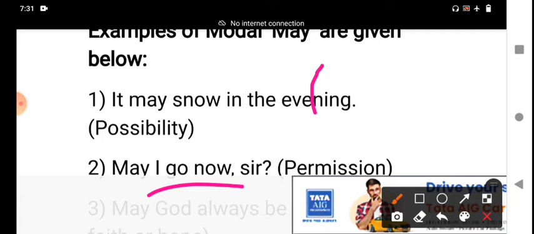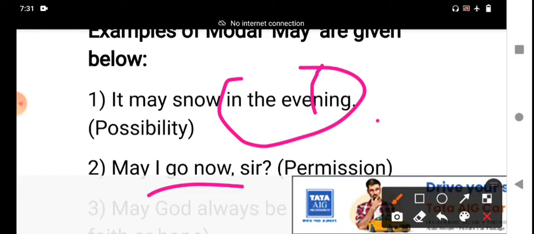In the evening means adverb of time. This is the complement, not an object. It may be possible that it snows in the evening. That means the possibility of the action. That is the opinion of that particular person based on the weather or the atmosphere.